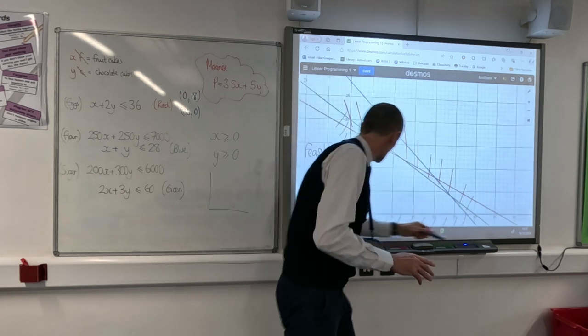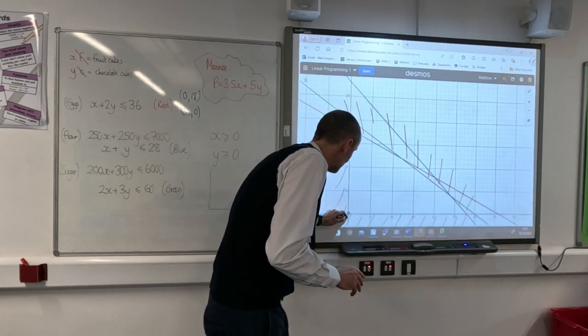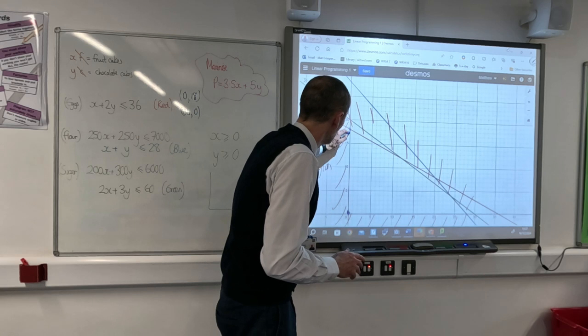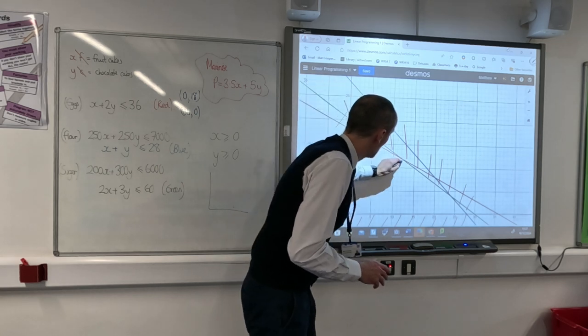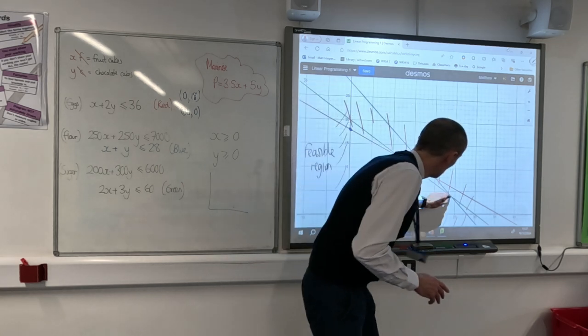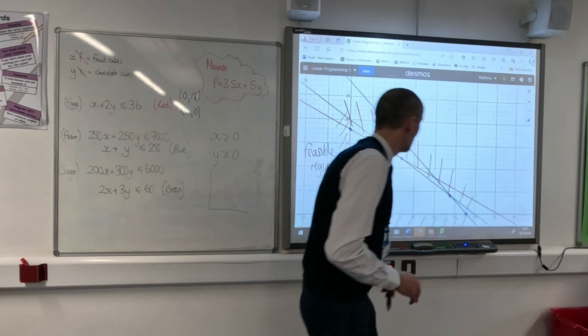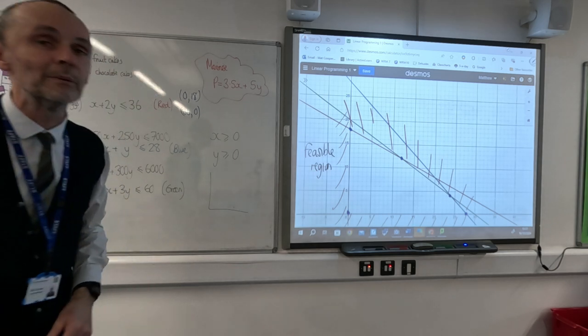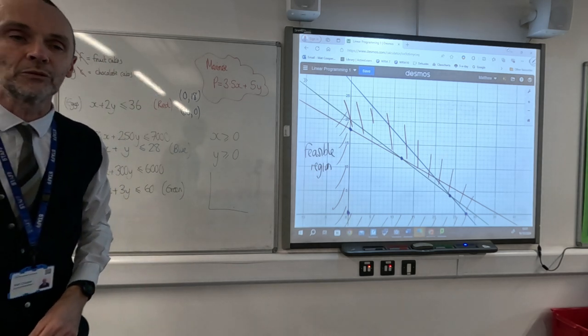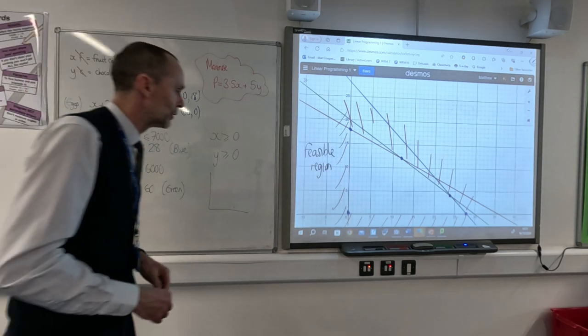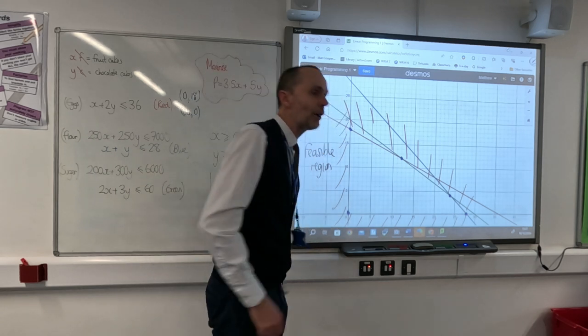And this feasible region has a corner here, a corner here, a corner here, a corner here, and a corner here. In an ideal world, you would be able to read those values from your graph. I suspect you can't. So, 0, 0.